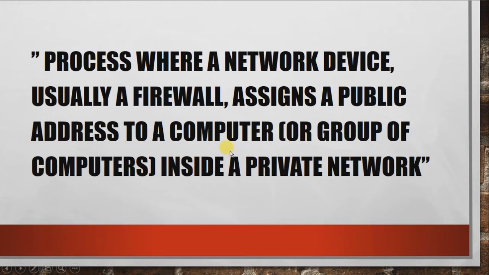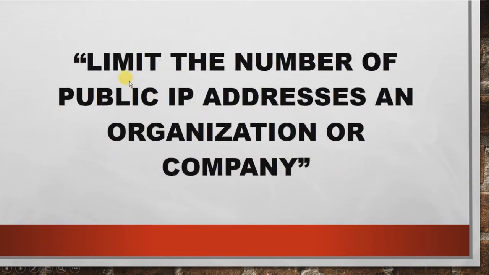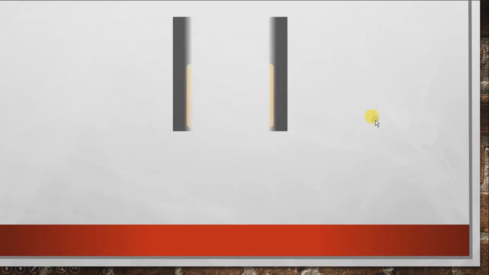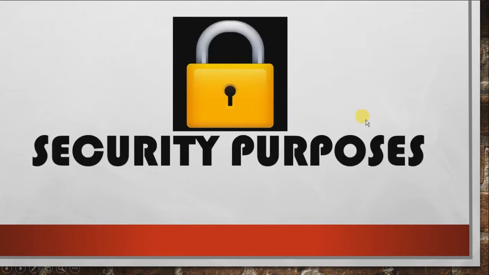The private network cannot be known by the outside network. Also, NAT limits the number of public IP addresses in an organization or company. And another important purpose is security.